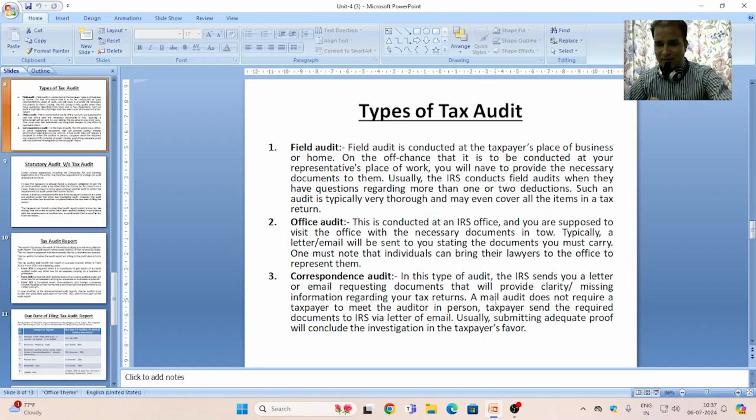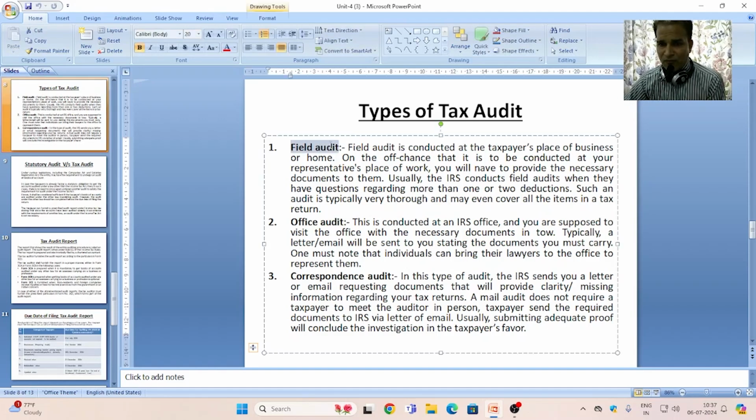So these types of audit, as a summary, you can say that field audit is conducted by the IRS, simply the income tax department, at the taxpayer's business place. In case of office audit, the taxpayer or SSC goes to the IRS office carrying the relevant documents for audit purposes. Third, correspondence audit.